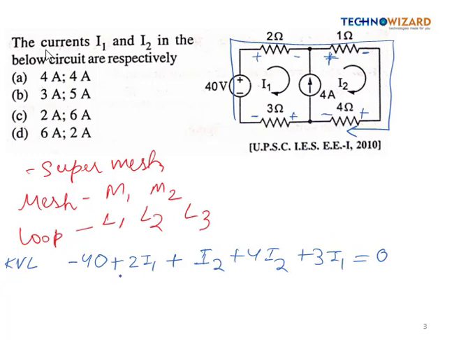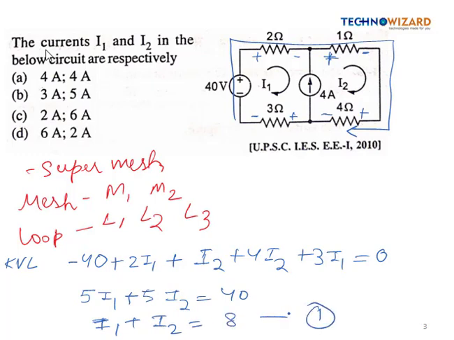After simplification we will get 5I1 plus 5I2 is equal to 40. It means I1 plus I2 is equal to 8. So this is equation 1.